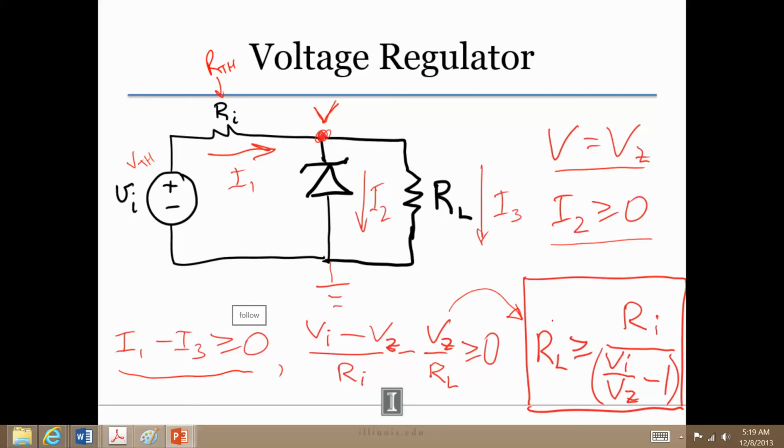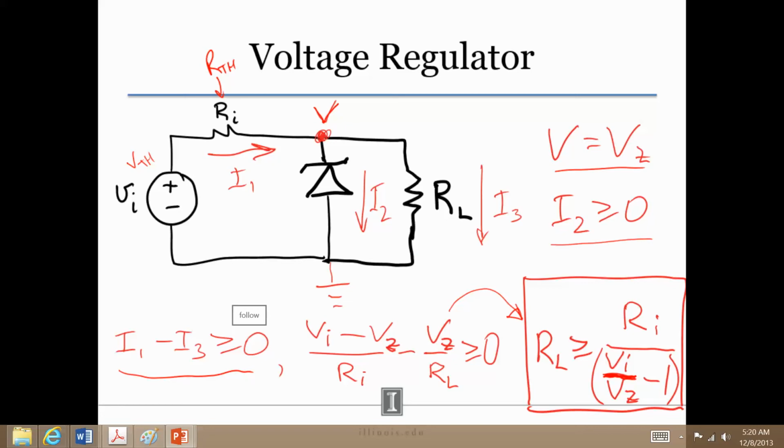So this is the equation we just derived that defines the range, and we can see that it helps to have Ri that is small. So if the Thevenin resistance of the source is small, it helps us maintain the voltage, right? And what is the other thing? Let's look at the denominator. First of all, there is a condition, just looking at the denominator, that Vi has to be bigger than Vz, and we knew that, right?